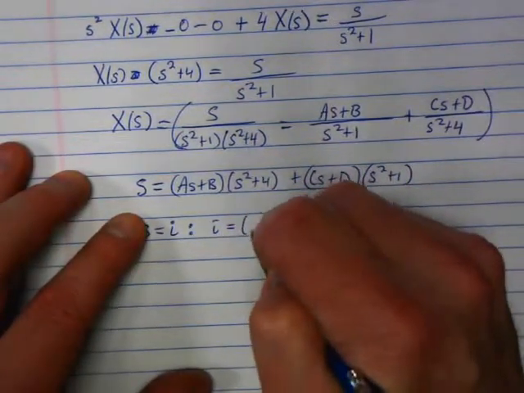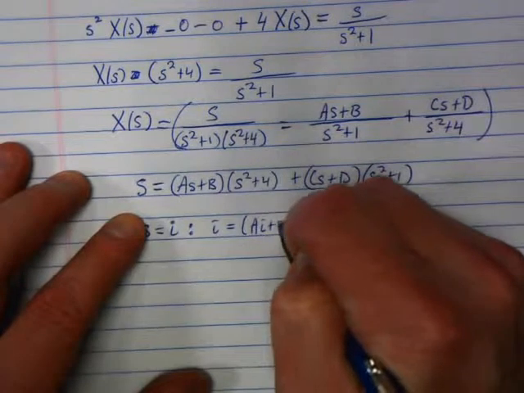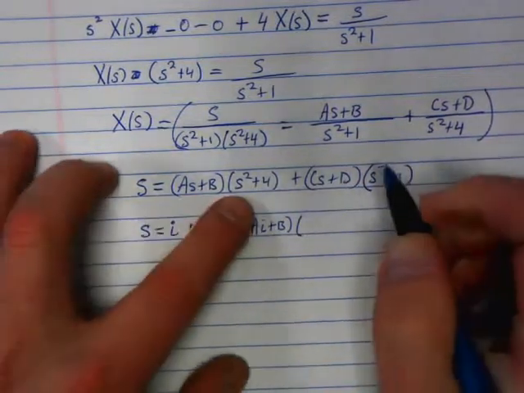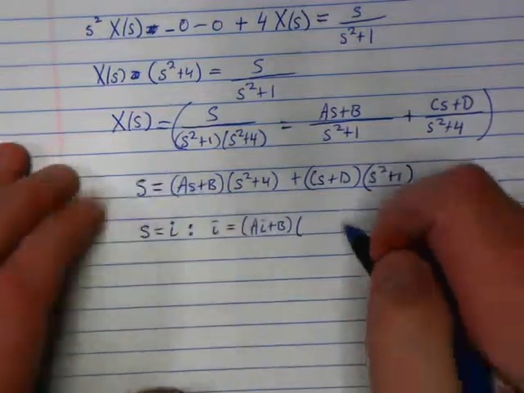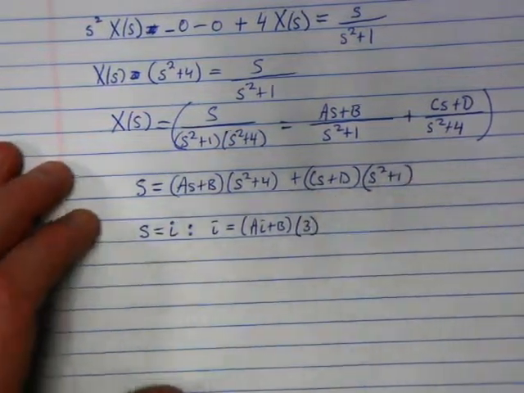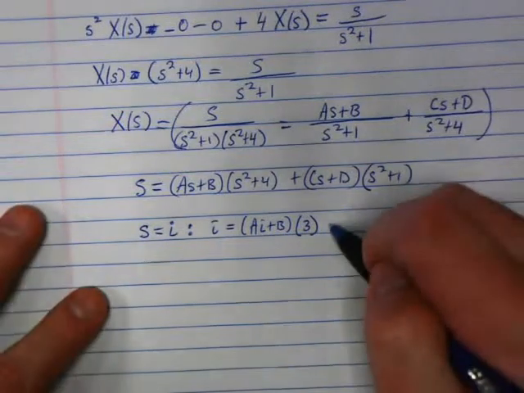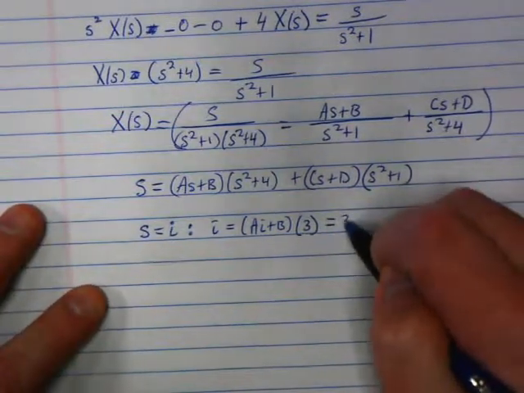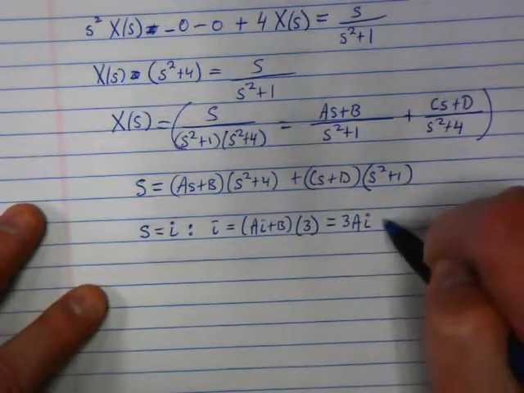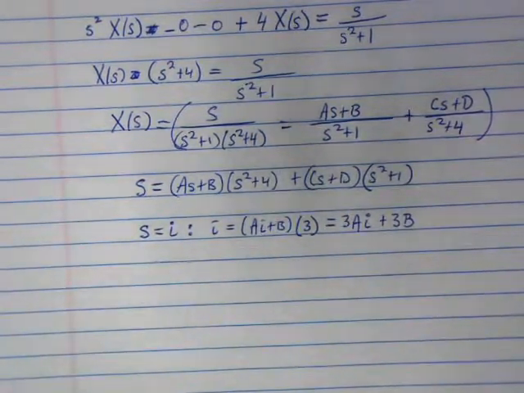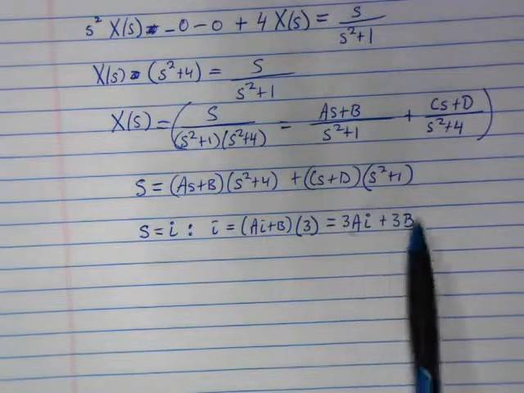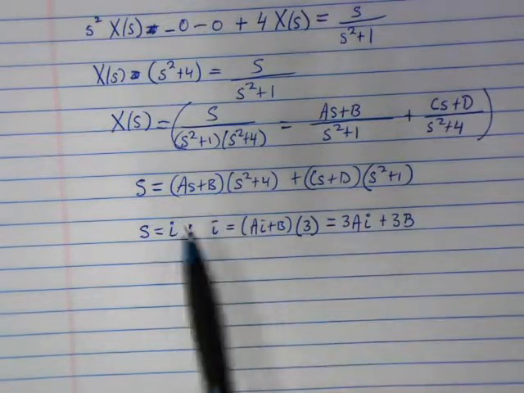equals Ai plus B times, what's i squared? Negative 1 plus 4 is 3. So that's the same as 3Ai plus 3B. So what has to happen now is the real numbers on the right-hand side have to equal the real numbers on the left-hand side.